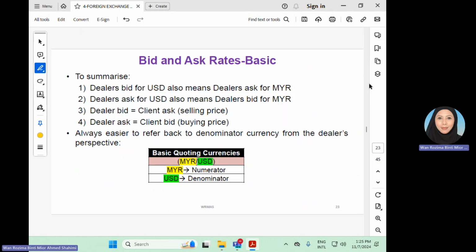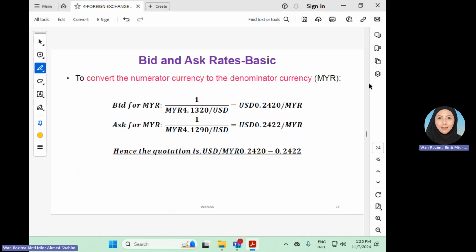Previously, we labelled these as bid price and ask price. Then we want to change the position from numerator to denominator, so you take 1 over the bid price and 1 over the ask price. But if you do it directly, it's wrong. You have to change.